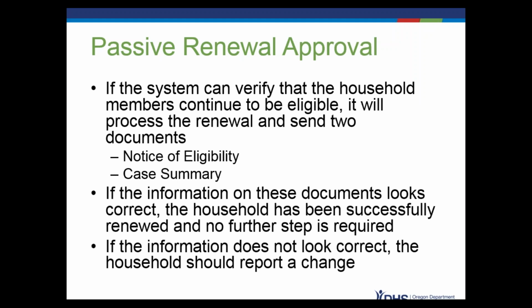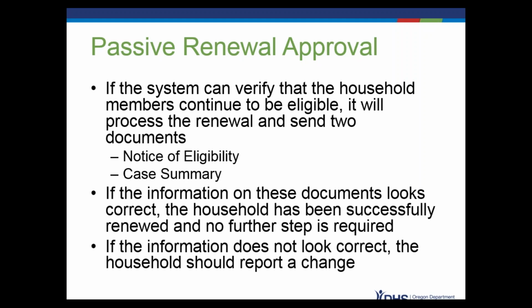So if the system can verify a household and verify that it appears that those members continue to be eligible, then ONE will process the renewal and send two documents. It will send a notice of eligibility, and it will also send a case summary. These documents will come together in an envelope, but they will look like two different documents in the ONE system message center.